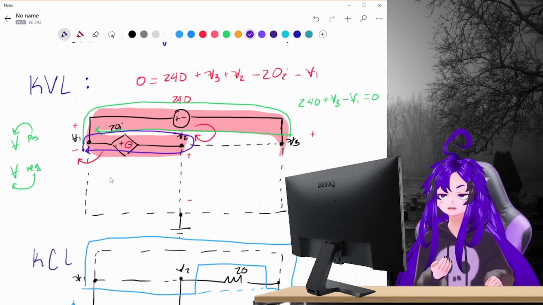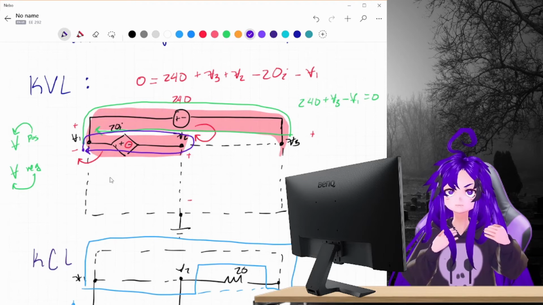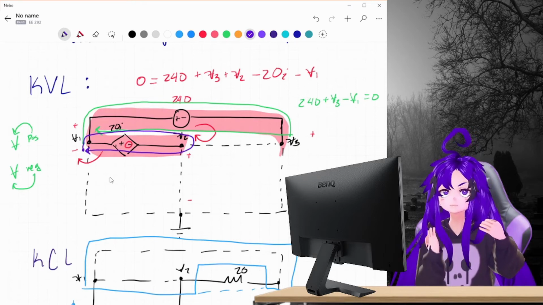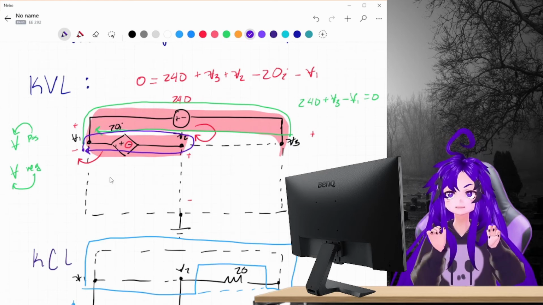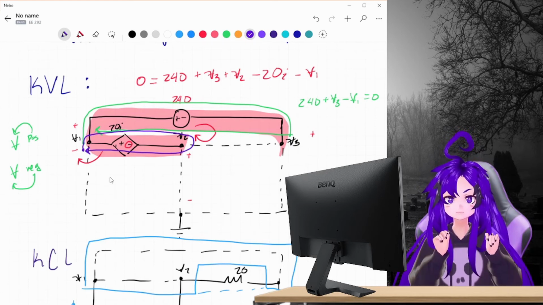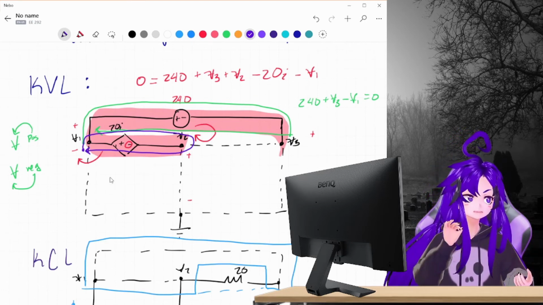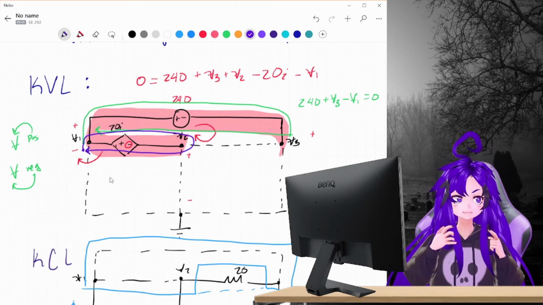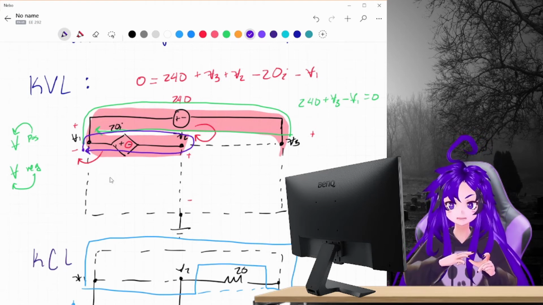And both equations that will come out of those will have a V1 term. They share V1, which means that we can solve for the non-V1 variable in both equations and have them both in the same terms. And that is how we're going to equate them.